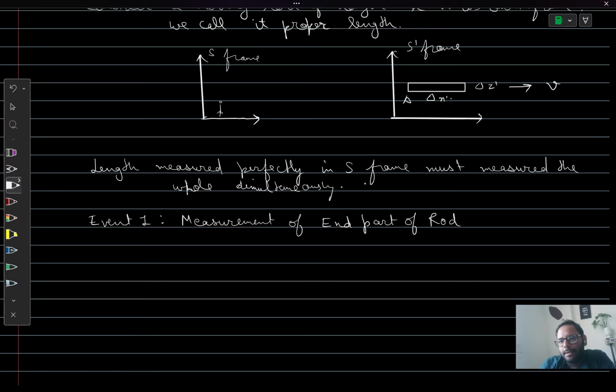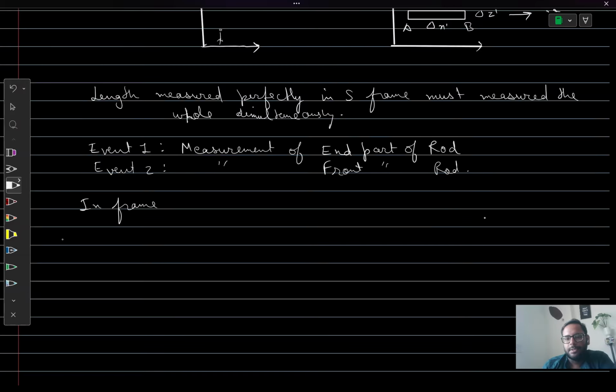Suppose this is A, this is B, this is the front part or the end part, and this is the measurement of the front part of the rod. So in S frame, if we want to measure this, then we must measure it simultaneously.